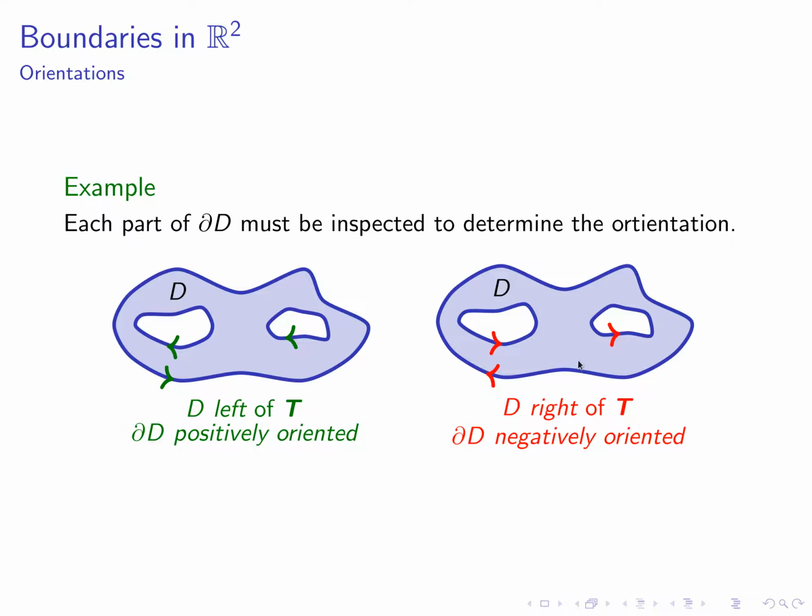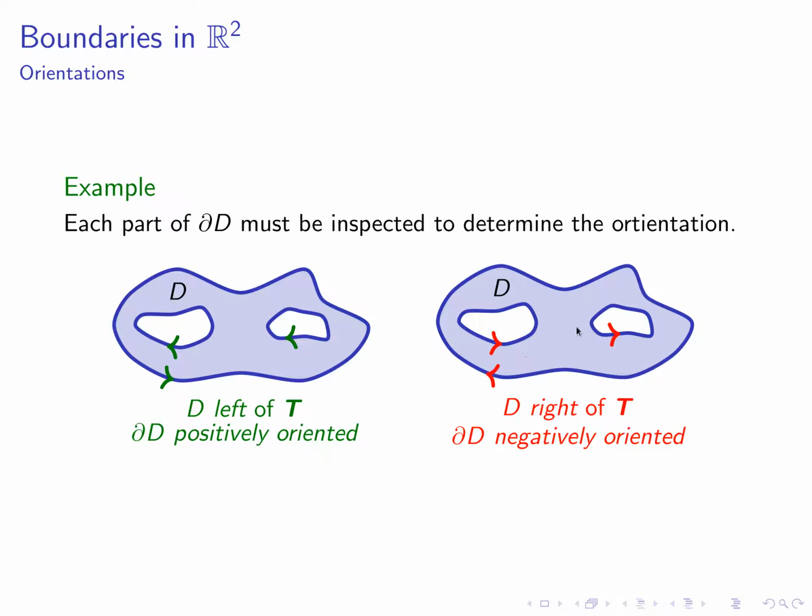On the right over here, you'll notice that all of the directions are switched. On the outer edge, we are traveling clockwise around the region, and on the inner edges, we're traveling counterclockwise inside of the region. If we look at the outer edge here and focus on a point and look in the direction of the unit tangent vector, we would find that the domain is to the right of the unit tangent, not to the left.